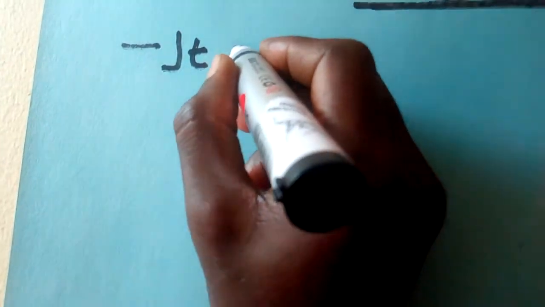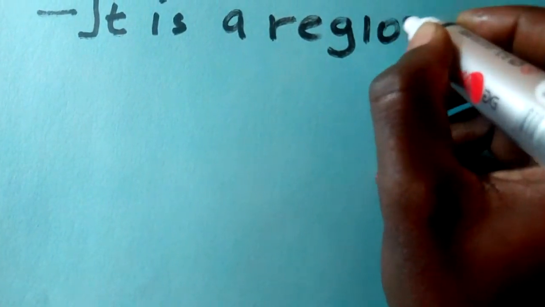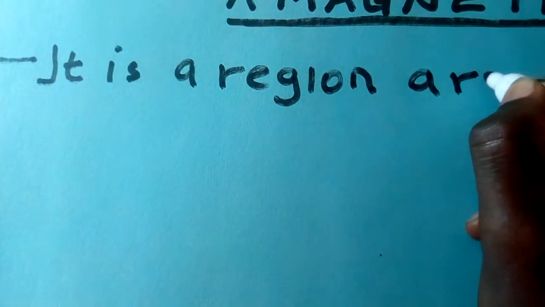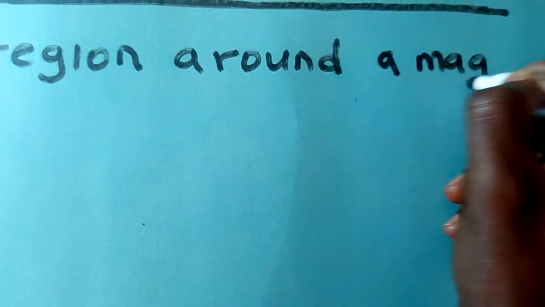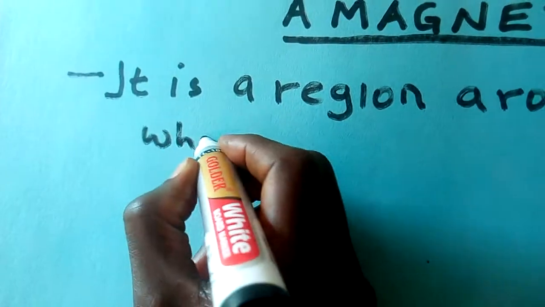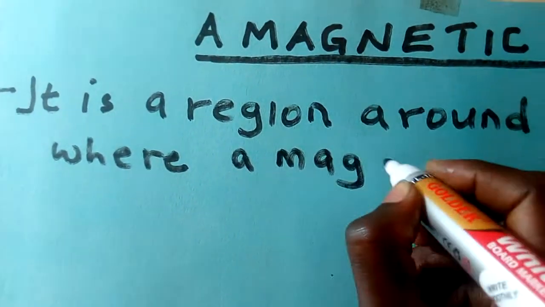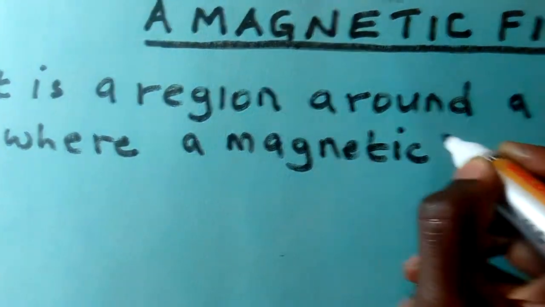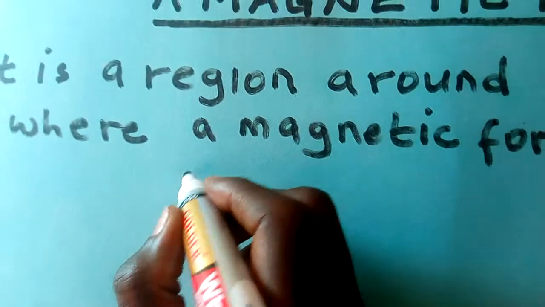So we shall say a magnetic field is a region around a magnet where a magnetic force is experienced.